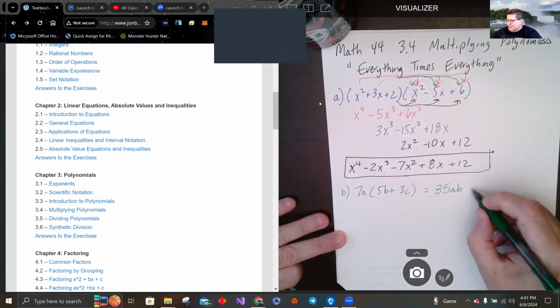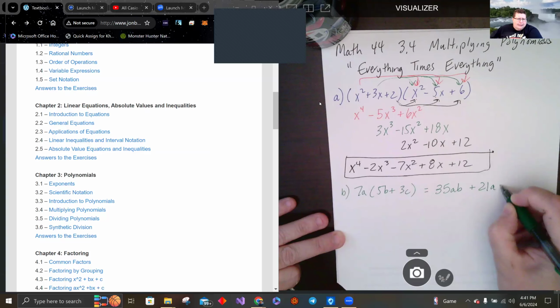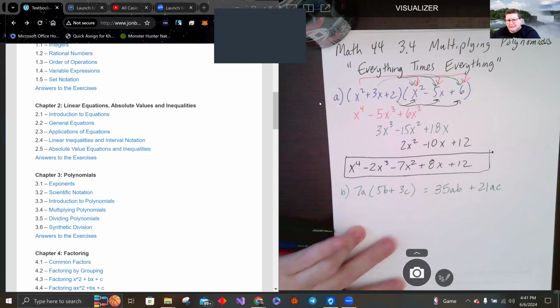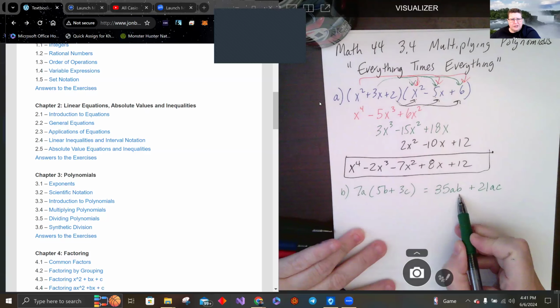And 7a times 3c is 21ac. It doesn't matter what order you put the variables in, but people traditionally do it alphabetically. It looks weird seeing BA or CA.